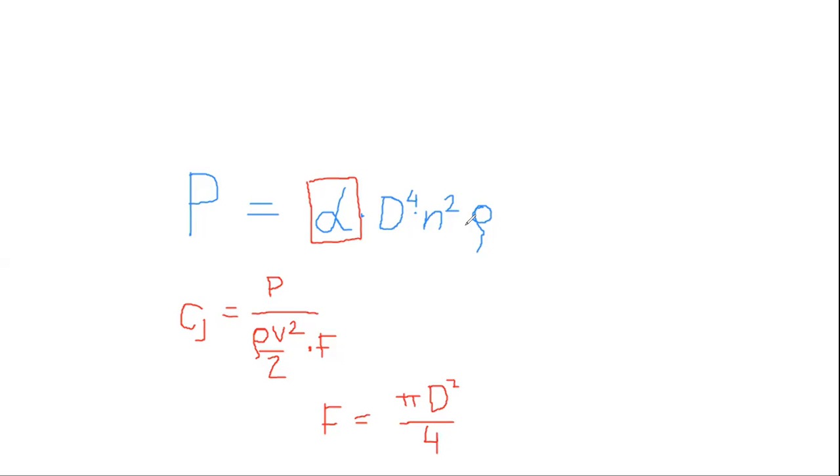So the density terms cancel each other. Yes, here we have density and here this density, so we have alpha.